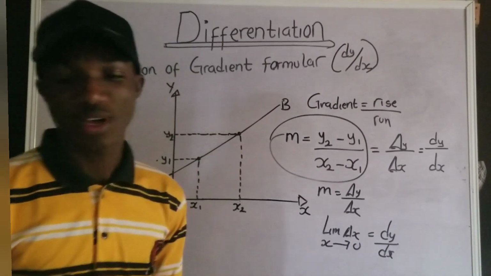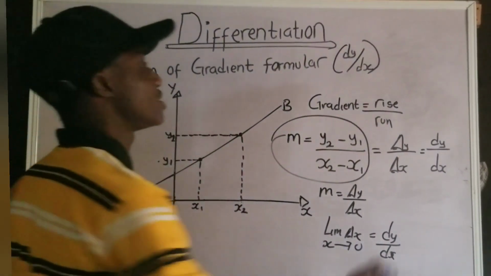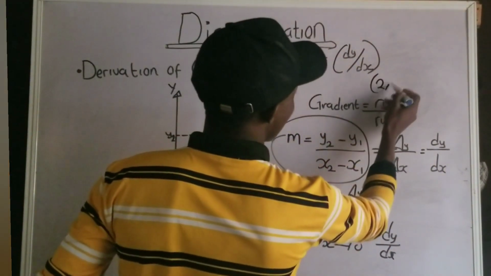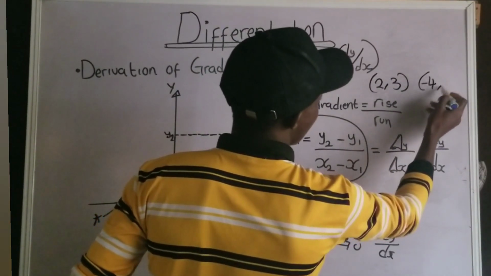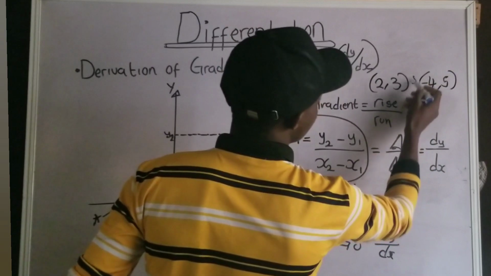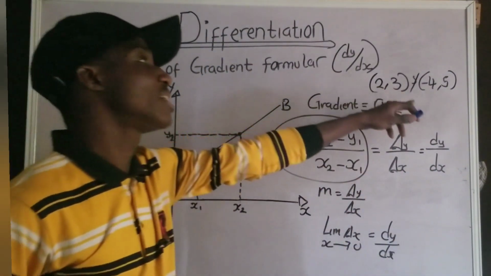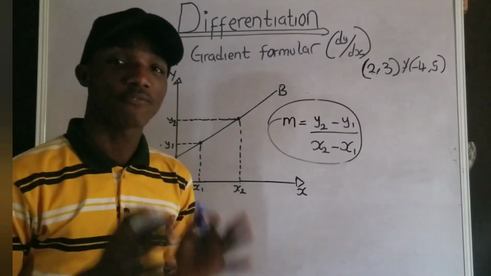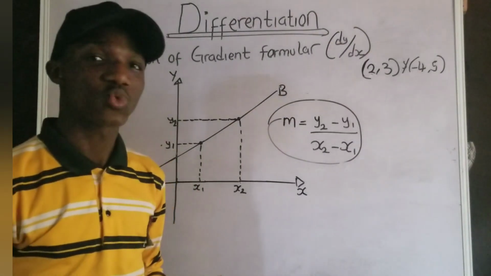Let's assume that we are given a question: find the gradient of a straight line passing through the points (2, 3) and (-4, 5). The first step is to identify your x2 and x1 and y2 and y1.